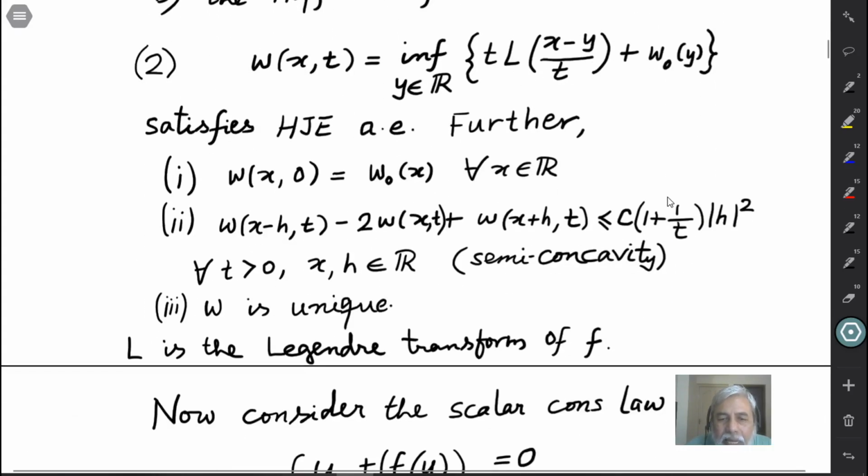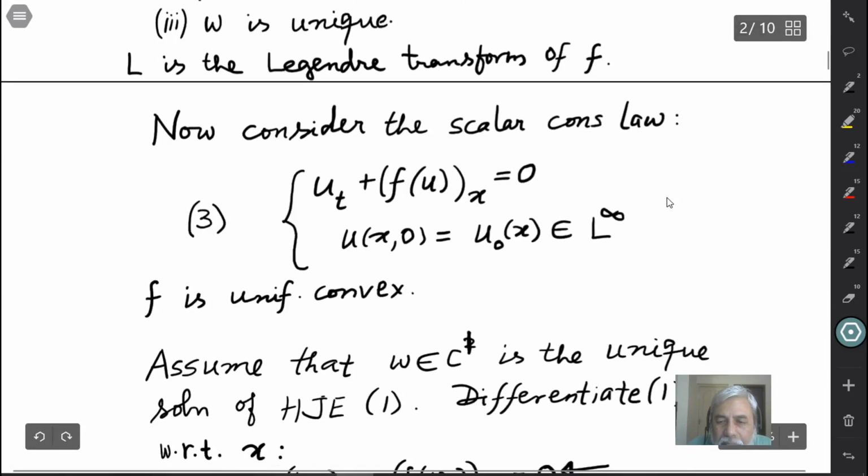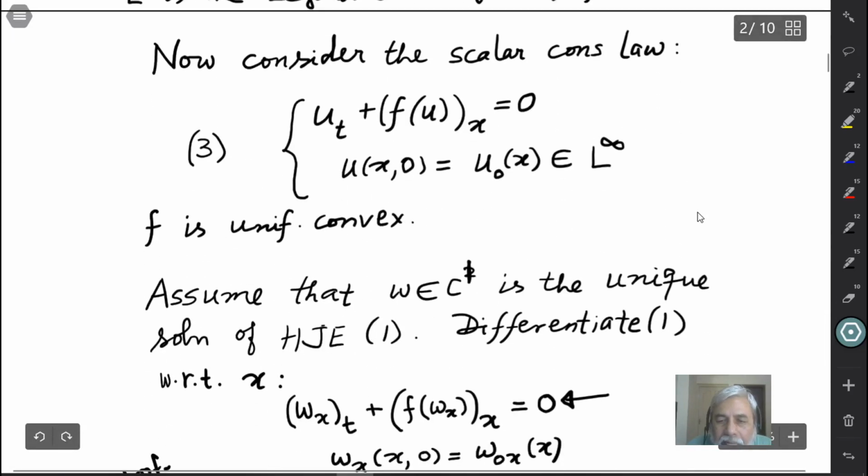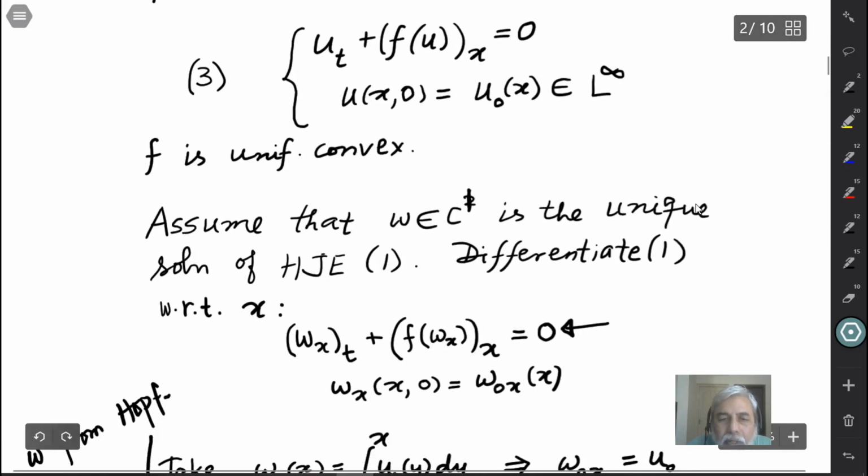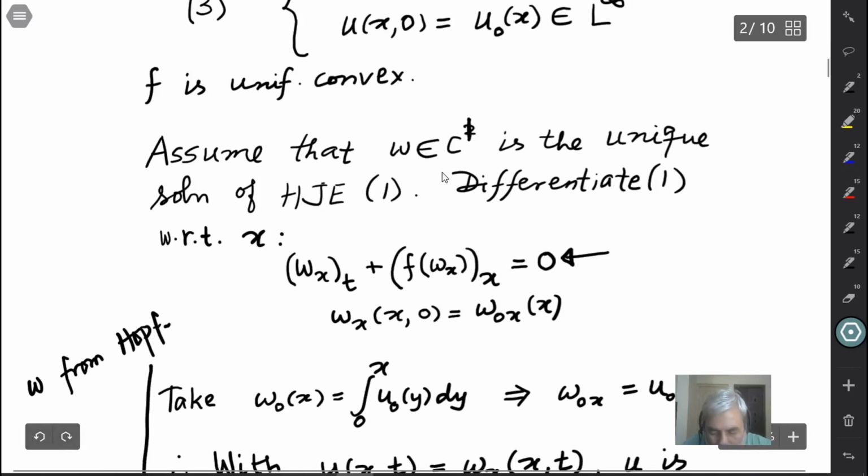Let's see the connection. This is just to get an idea what the Lax-Oleinik formula looks like. So assume that the solution w of the Hamilton-Jacobi equation is C1.